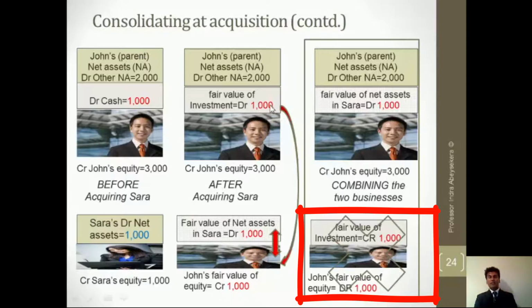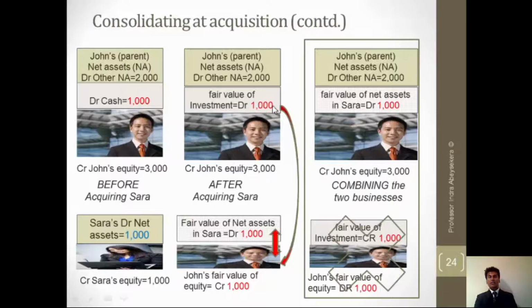So we do the opposite side of this. When we do that and we combine, then John's investment is no longer there in the business combination, and John's ownership is also no longer there.